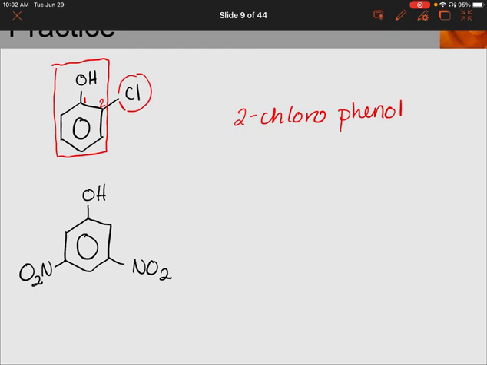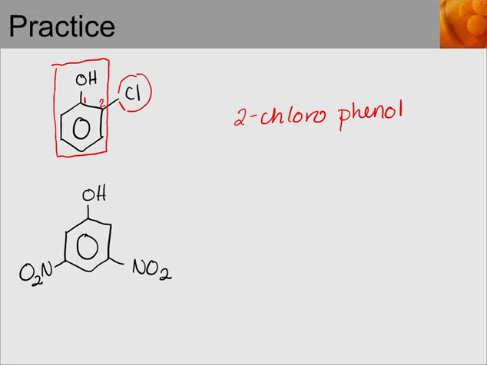Okay, let's look at the example below that. So again, we've got phenol here. That's our parent compound. And then we have 2 nitro groups attached. And we want to make sure to number the ring so that those have the lowest numbers possible. Although this molecule is symmetrical, we could draw a line down the middle. So it doesn't really matter whether we number this clockwise or counterclockwise.